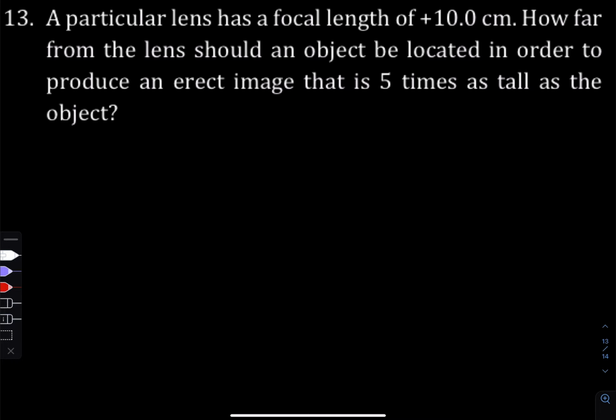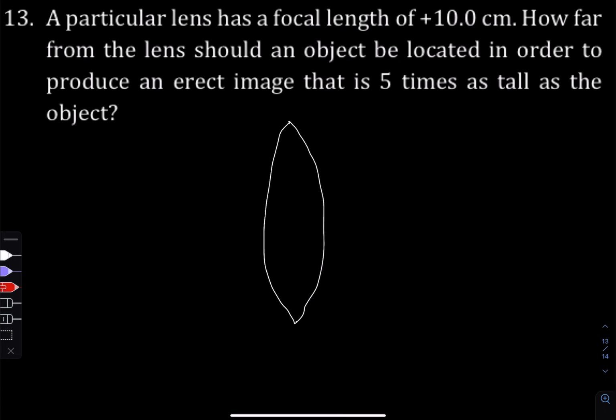So it says that the focal length of the lens is 10 centimeters, and it says specifically positive 10. That's on purpose. So if you remember, what type of lens would have a positive focal length? It would be a converging lens, right? So like this.